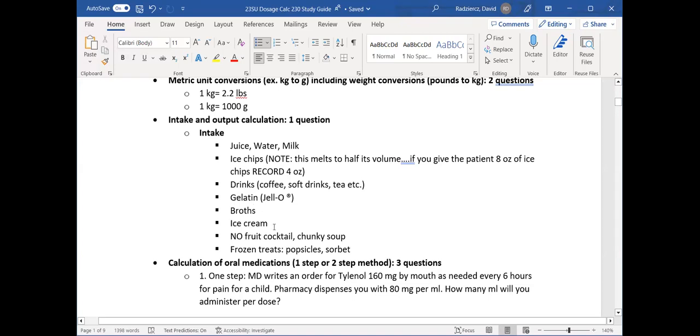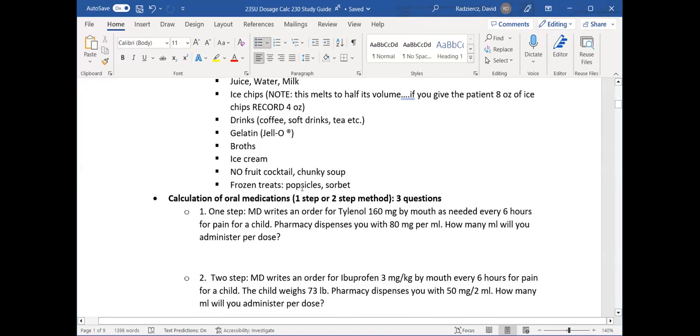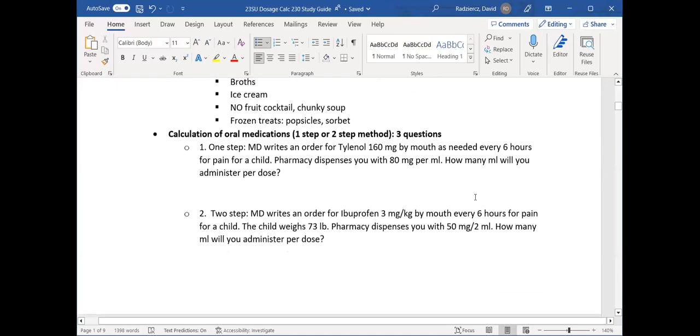I don't know about ice cream, because ice cream doesn't seem like a liquid to me, but maybe it's because it's like milk, and I guess that's why it would be there. So if they tell you 4 ounces of ice cream, you would treat it as 4 ounces of milk. You would ignore a fruit cocktail, because even though there's liquid in the fruit cocktail, it's minimal. Most of it is the fruit. And then popsicle, if you've ever seen a popsicle or sorbet melt, then you know it becomes liquid. So I think you guys know that.